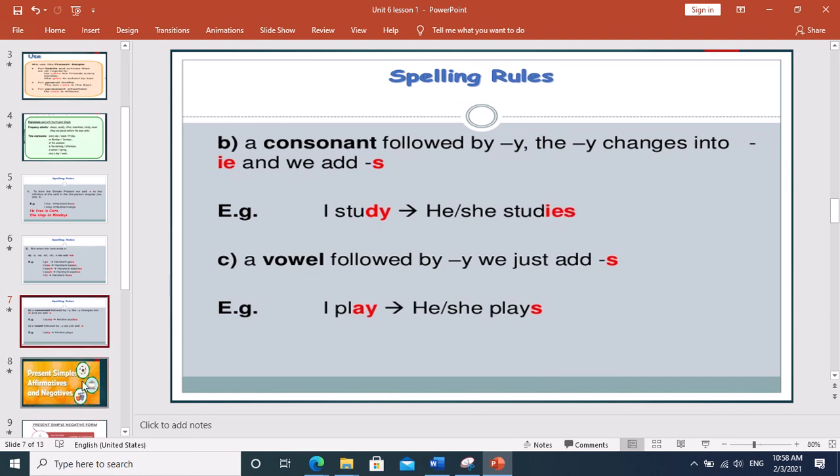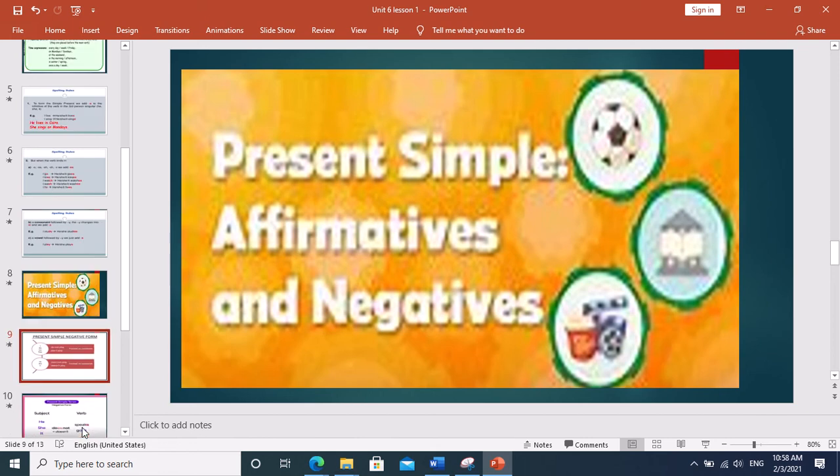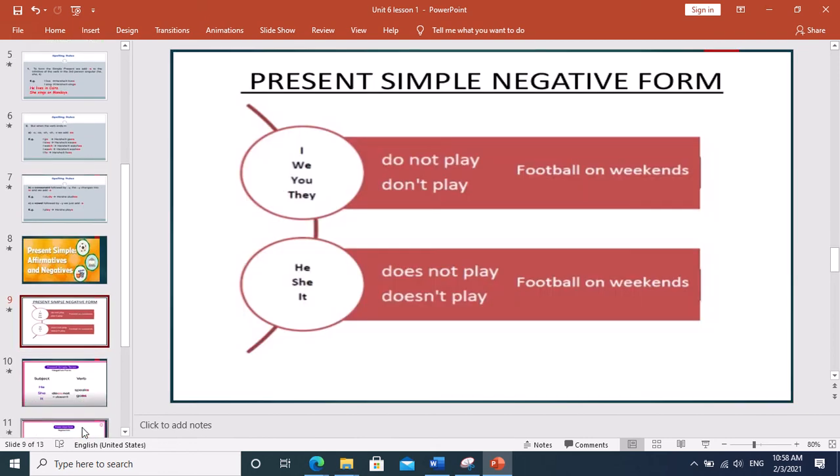Now let's go to how can I make affirmative and negative from a present simple? Let's see. Present simple negative form, with I and we and you and they, I have to use don't. I have to write like this: I don't play football on weekends.